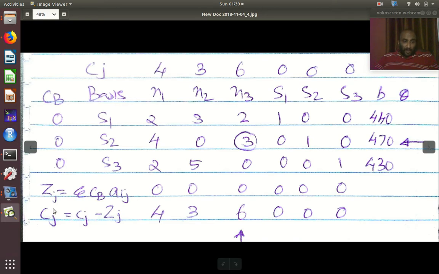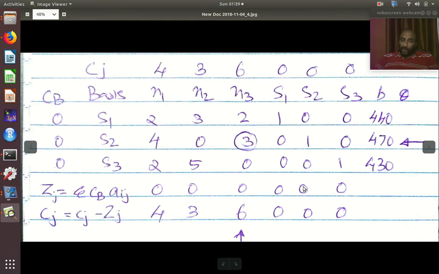Then we find Zj, which is the summation of Cb into Aj. For finding this value, you multiply the corresponding elements of Cb with this x1 column. So 0 into 2 plus 0 into 4 plus 0 into 2 gives 0. Similarly this value is obtained by multiplying Cb with 3, 0 and 5, which is obviously 0.